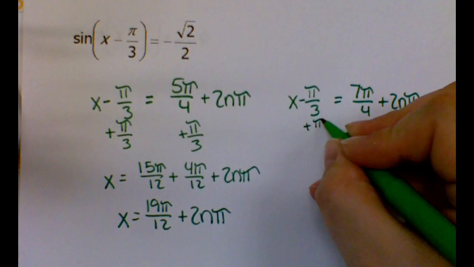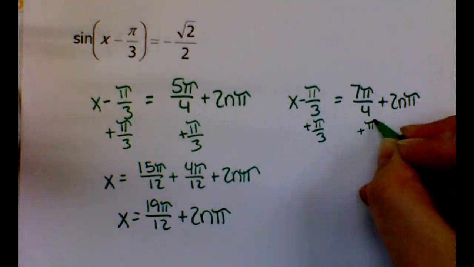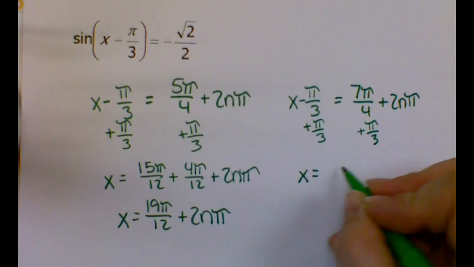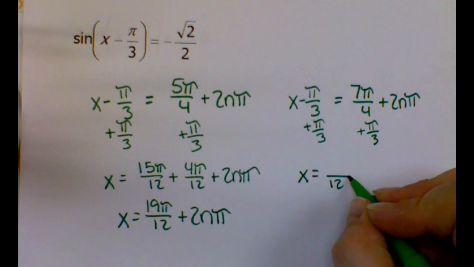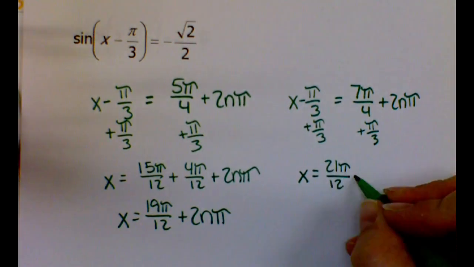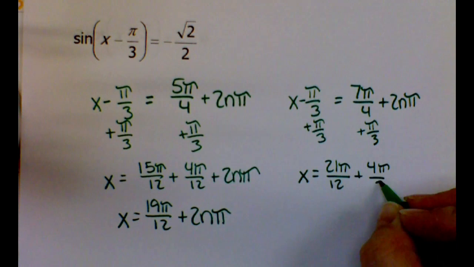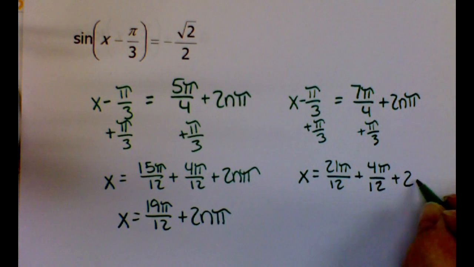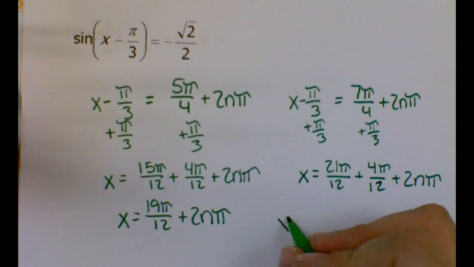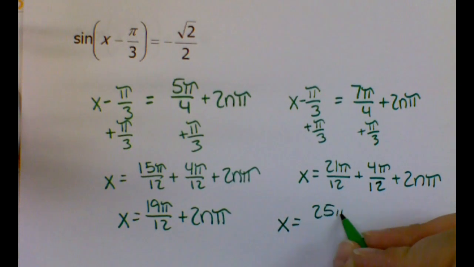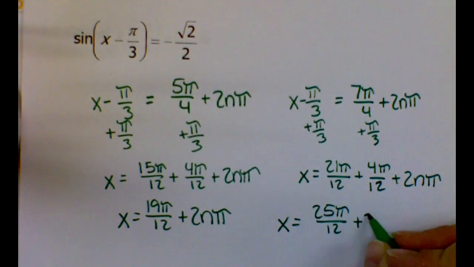Same thing over here, I'll add pi over 3. X equals, let's turn it into 12ths, so 21 pi plus 4 pi over 12 plus 2n pi. And I get x equals 25 pi over 12 plus 2n pi.